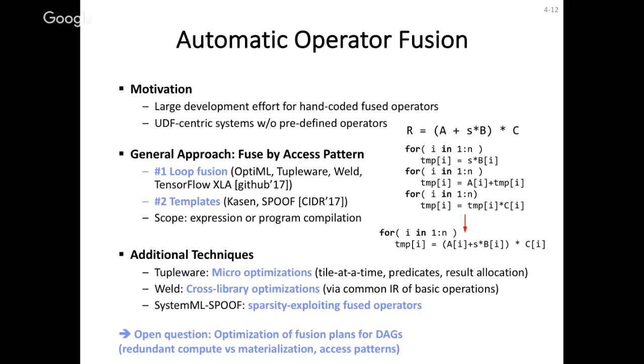Now, the open questions are, especially for sparsity exploiting operators, how to optimize those kinds of fusion plans. And you can imagine if you have DAGs and a single node with multiple consumers, you have a choice between materializing an intermediate, which is expensive because you write in memory, or redundant compute because over those multiple consumers, you might arrive at the same operation multiple times.